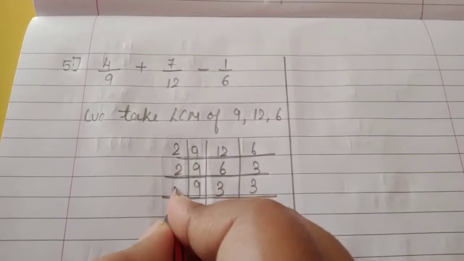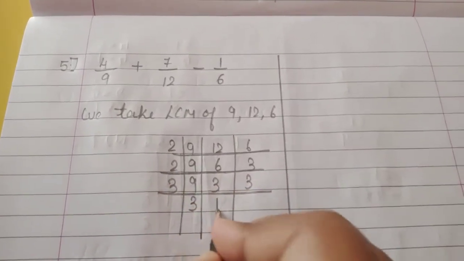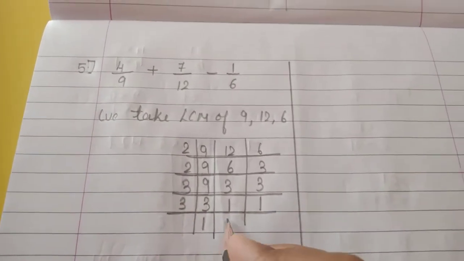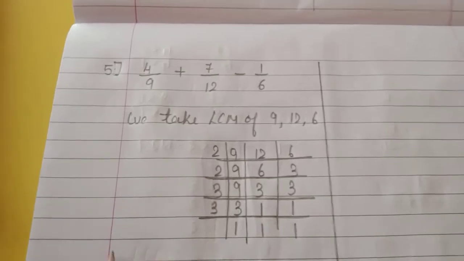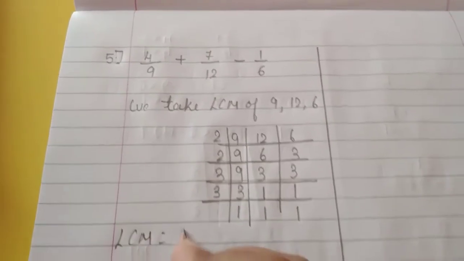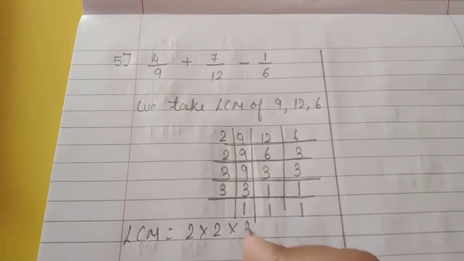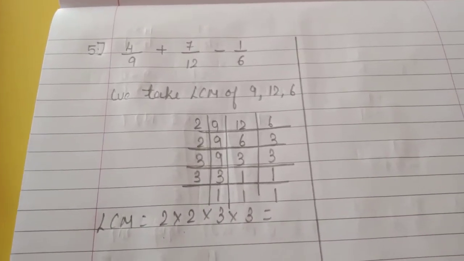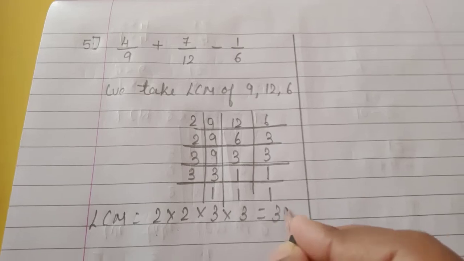Then we will start with 3 table. 3 3s are 9, 3 1s are 3, 3 1s are 3. So LCM equal to 2 multiply by 2 multiply by 3 multiply by 3. 2 2s are 4, 4 3s are 12, 12 3s are 36.